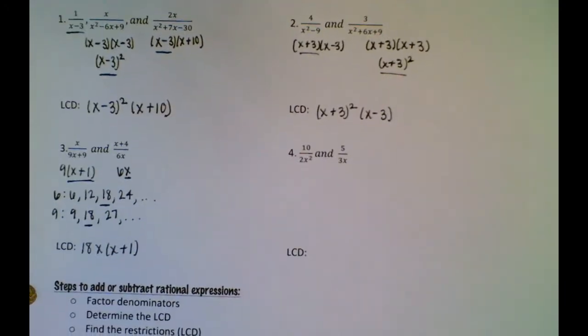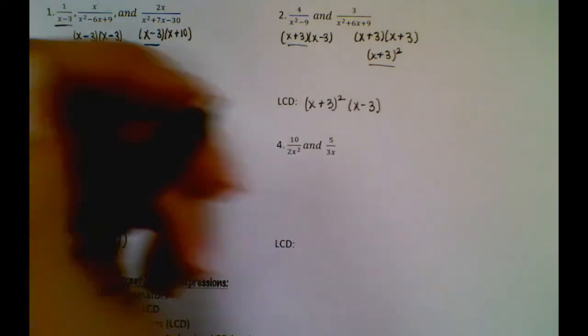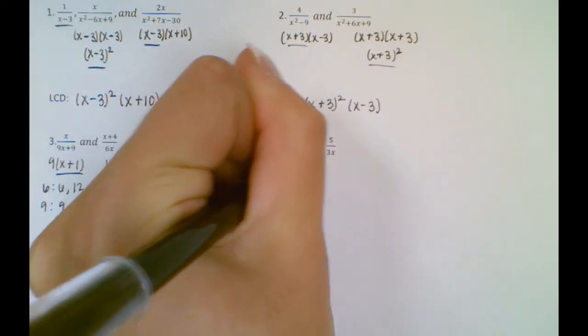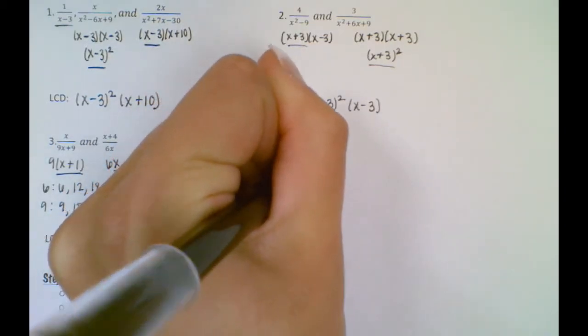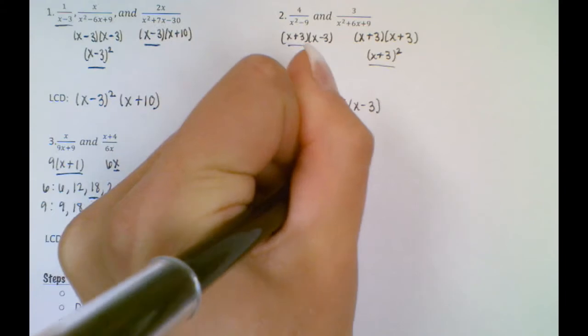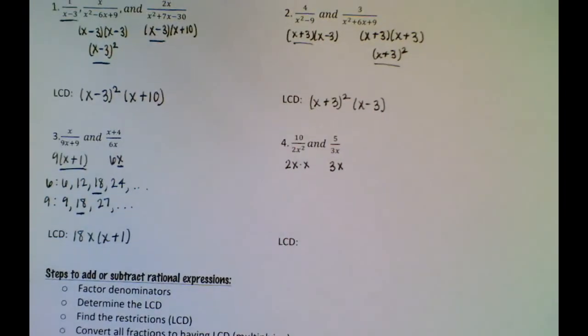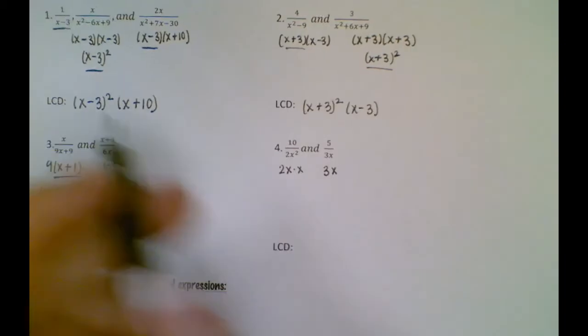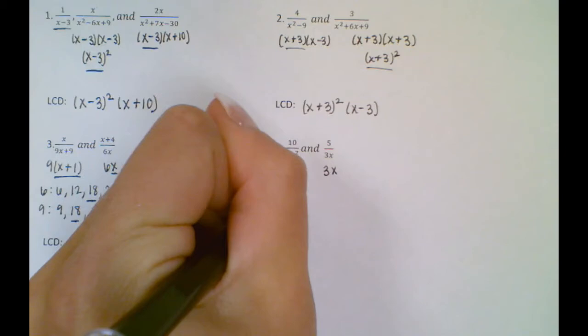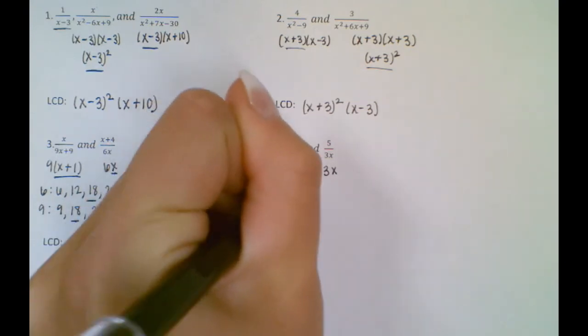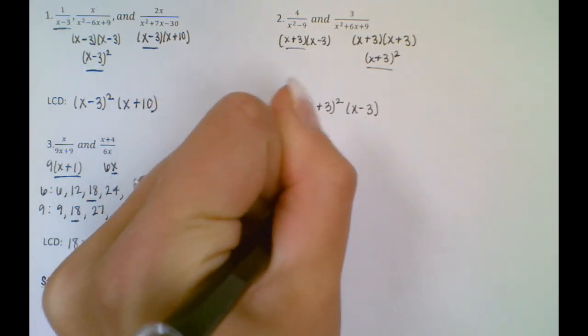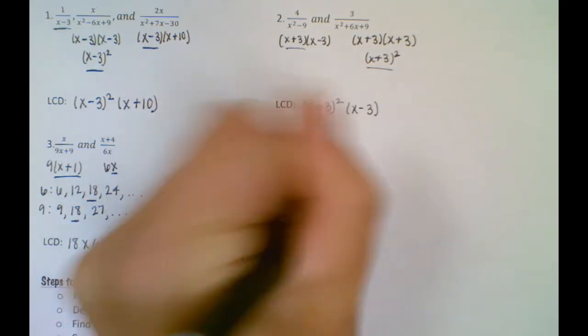All right, number 4. So we've got 2x squared, which is like an x times x, if you want to think of it like that. And then over here we have a 3x. So let's look at the numbers. Let's find the least common multiple of 2 and 3. So we've got 2, 4, 6, 8, and so on.